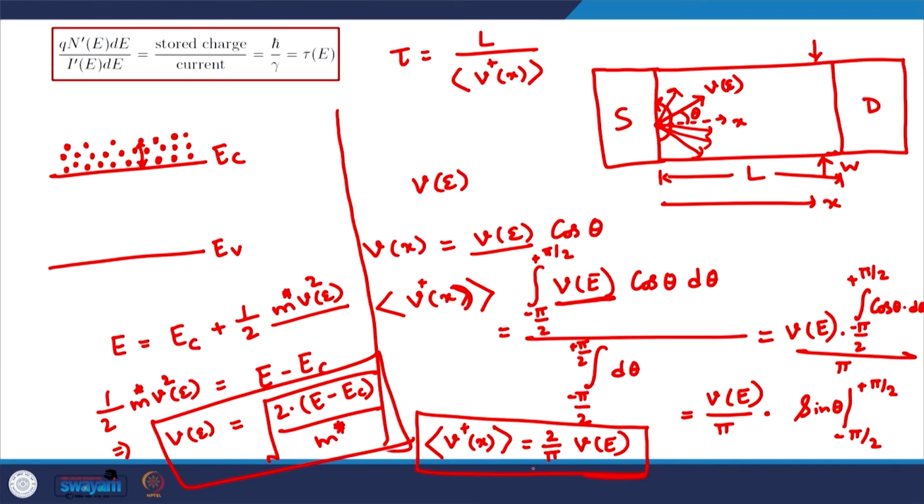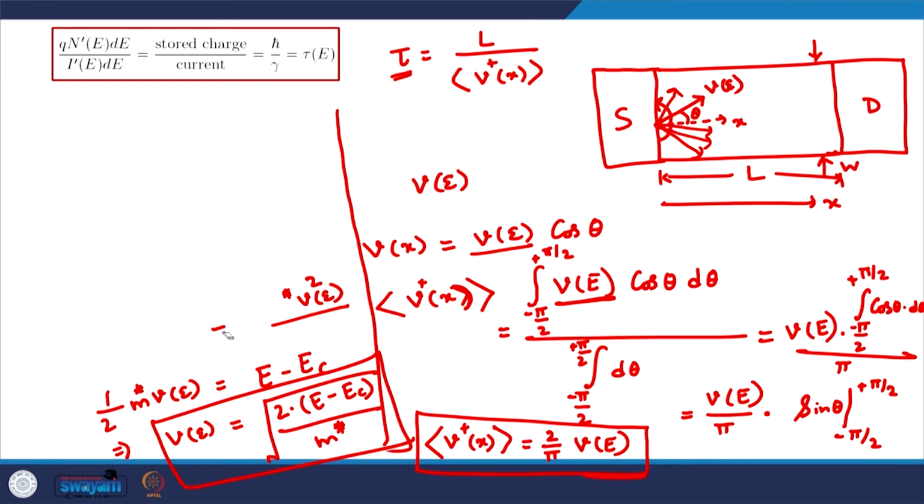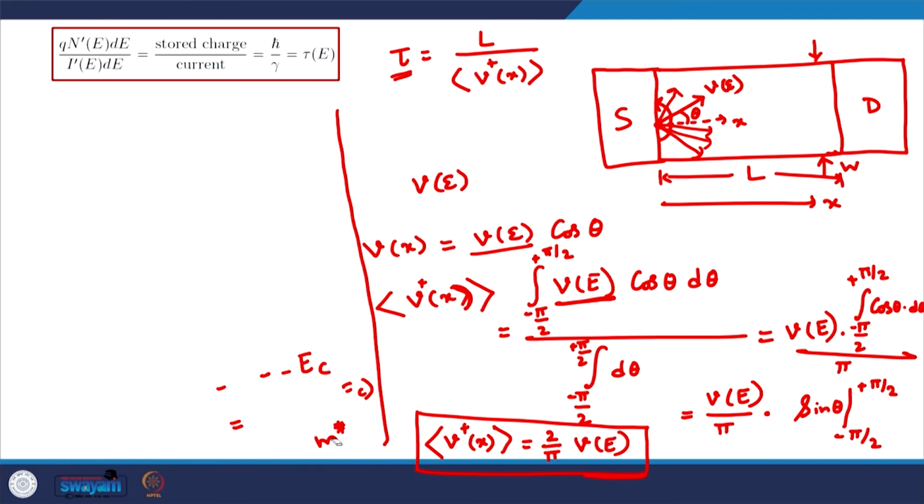Okay. So, from this, as you might have seen, we can calculate the transit time as well. The average velocity in positive x direction is 2 by pi into VE. So, the transit time will be L divided by the average velocity of electrons in the positive x direction.